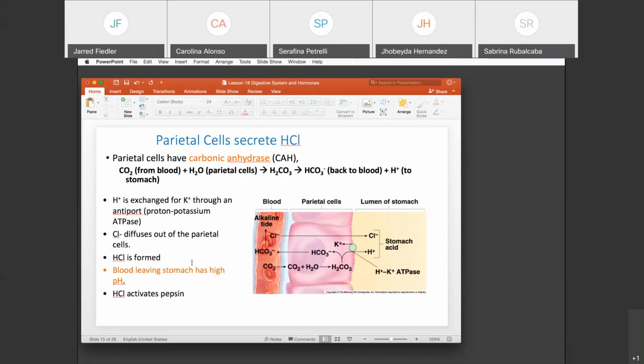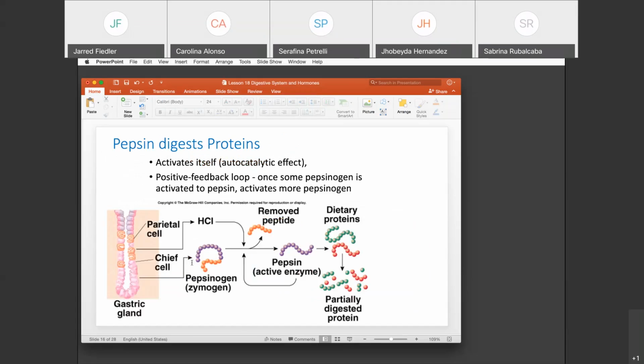All right. So let's talk about how pepsin actually digests protein. I already mentioned this yesterday. We all know that pepsin is the active form of pepsinogen. Pepsinogen is the inactive form of pepsin that's secreted by our chief cells inside the gastric pit. It gets converted into pepsin when hydrochloric acid makes the environment more acidic.